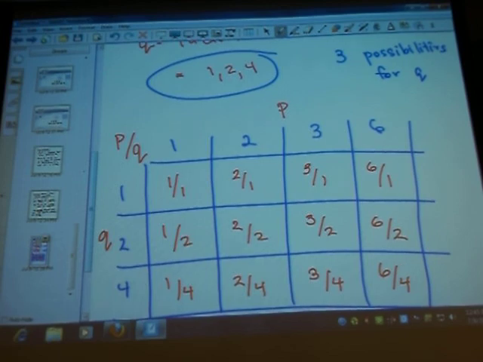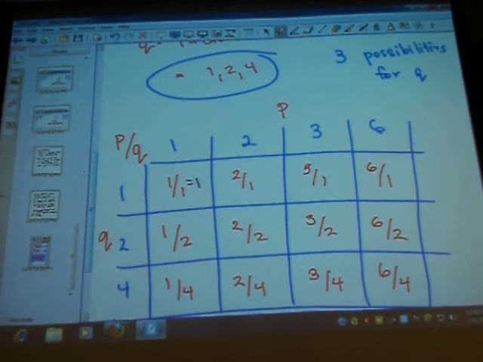Okay, simplify them. Just from doing this, you can see what's going to give a remainder of 0, what's not. Alright, just simplify them here.